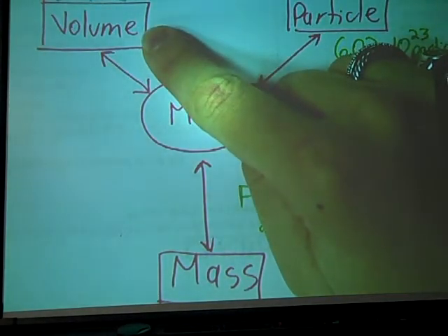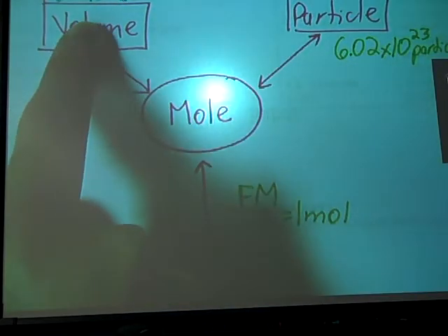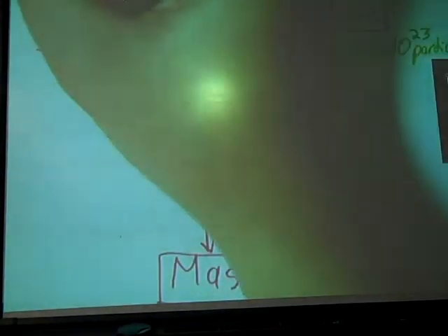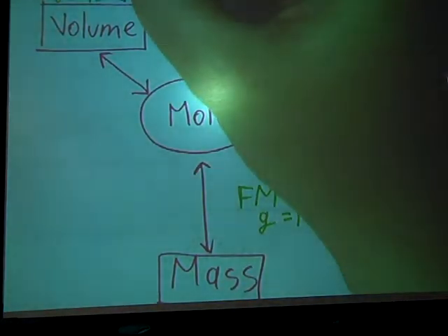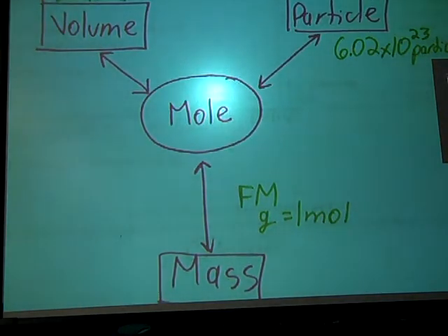Anytime you want to convert between volumes and moles, this branch here, you're going to use this conversion factor. 22.4 liters equals 1 mole of any gas. Let me write that down. Any gas at STP, standard temperature and pressure. Can you see that? No, you can't.